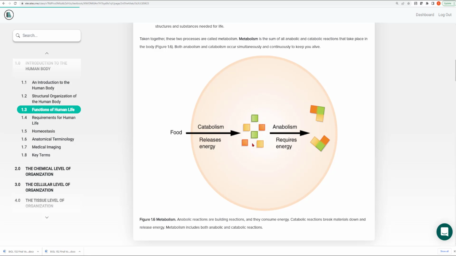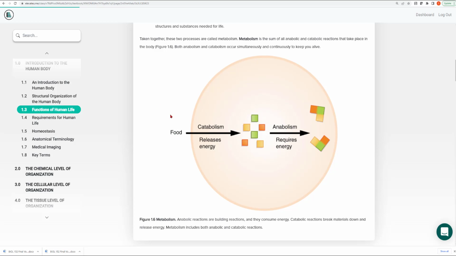As those catabolic reactions are occurring, energy is being released. That energy is then going to be used to complete anabolic reactions, or do anabolism. Anabolic reactions require energy. So they take the energy that was broken down and released and use that energy to now rebuild molecules that your body needs.